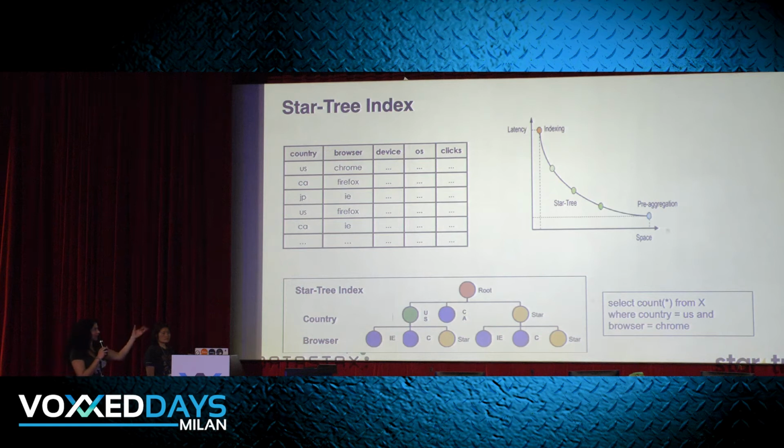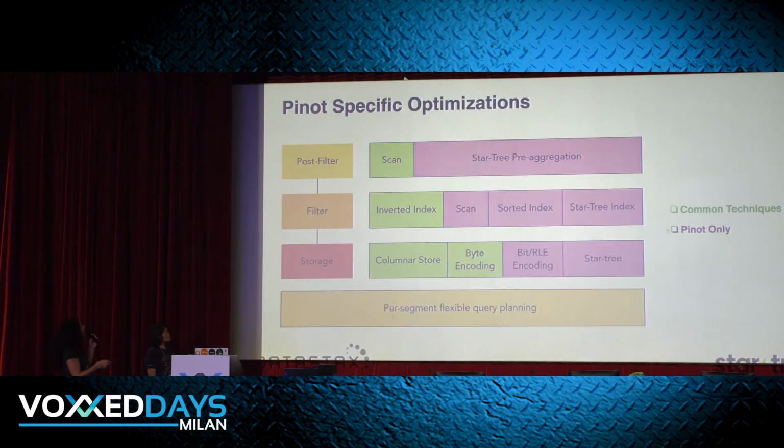So it serves as a very powerful place between pre-aggregating queries and still maintaining low overhead. There's a bunch of content online if you're curious about digging into it further. It's pretty cool. And there are also different levels of Pinot-specific optimizations, from the storage level to the filter level.